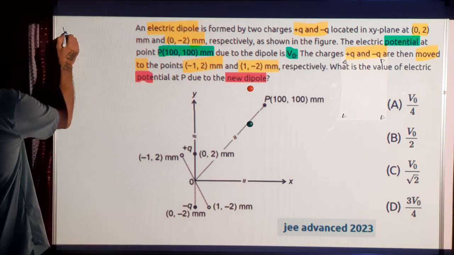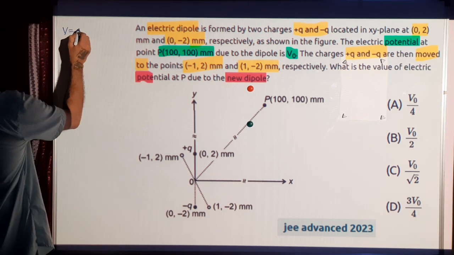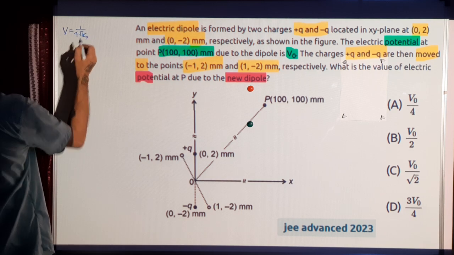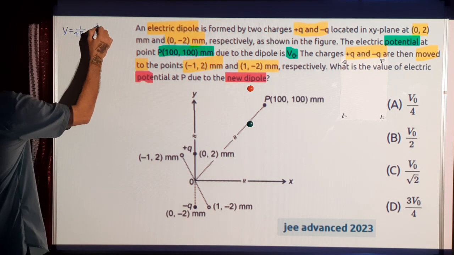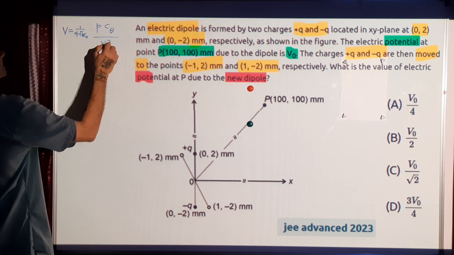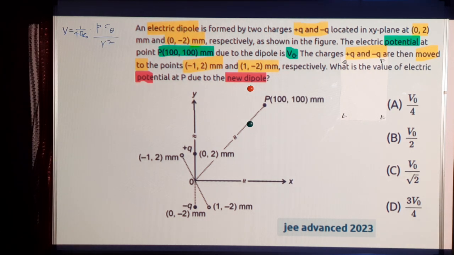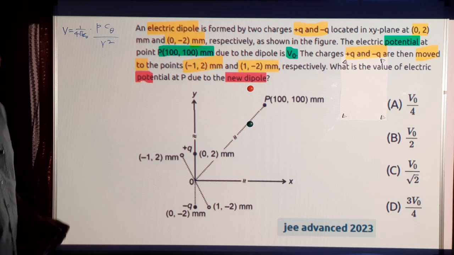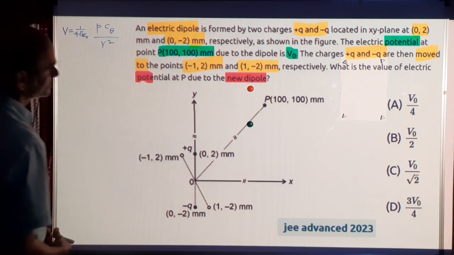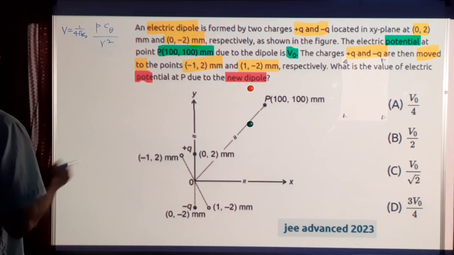So the formula for potential due to a dipole is 1 by 4 pi epsilon naught into P dot r cap, that will give me P cos theta divided by the distance square. So in the second case, the dipole is tilted, but the distance remains the same.